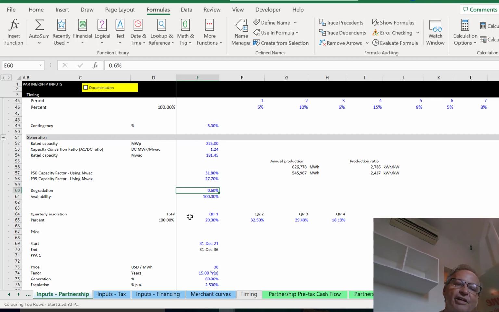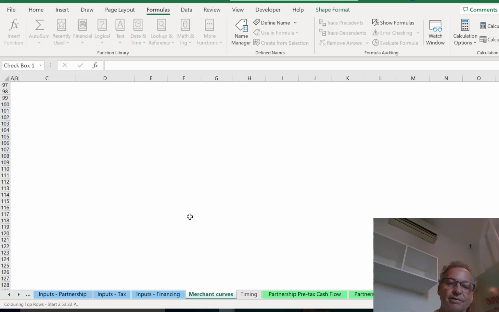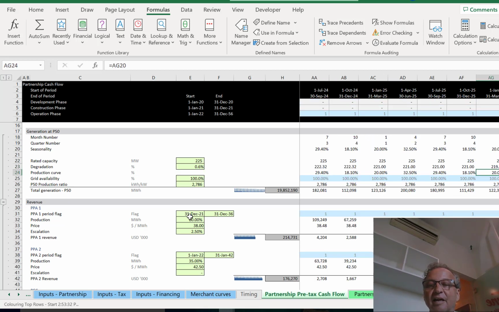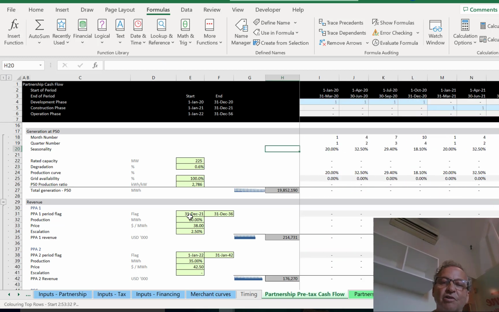So there we go. We have the starting point, okay, and then let's go up here and start to get our inputs. Now we put the rated capacity and then the degradation, and he called this the production curve. Now I fixed this because before it was all messed up.